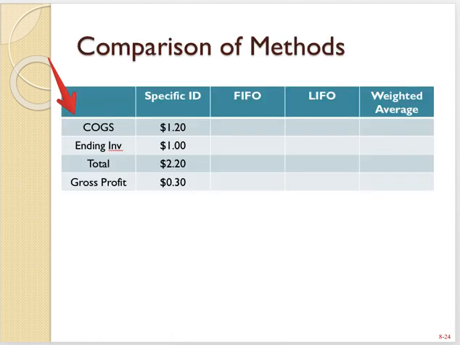Now I want to summarize what happened, and we're going to use this chart to compare all of the methods. Under specific identification, in this case, our cost of goods sold was $1.20. Our ending inventory was $1. The sum of those was $2.20, which is our cost of goods available for sale, and our gross profit is 30 cents. Next, we're going to talk about the next method, which is first in, first out.